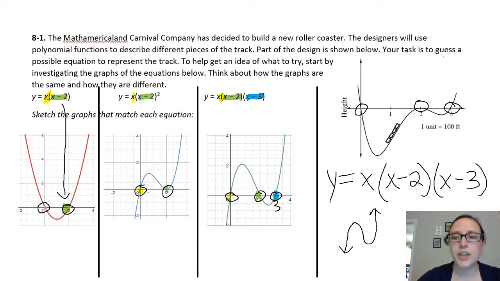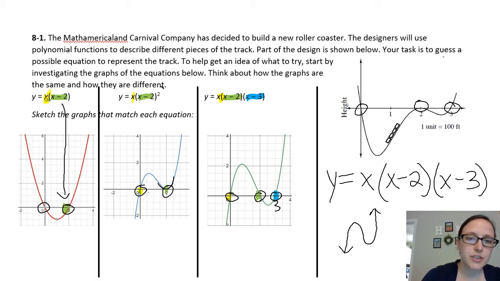So we need to change something in our equation. Now if you notice over here in the middle equation at x minus 2, I call this, it bounces at 2. So kind of like a bouncy ball. Think of the x-axis as a floor. It bounces off the floor and goes back up.